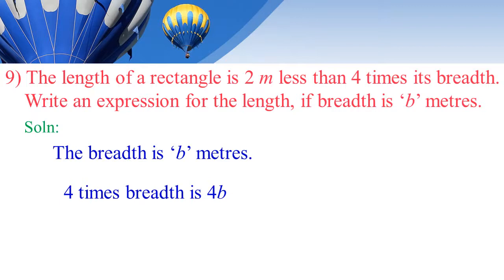So now we have to write the length of the rectangle. The given condition is length of a rectangle is 2 meters less than 4 times its breadth. So less than means here we have to use the subtraction operation. Therefore, length of a rectangle equal to 4b minus 2 meters.